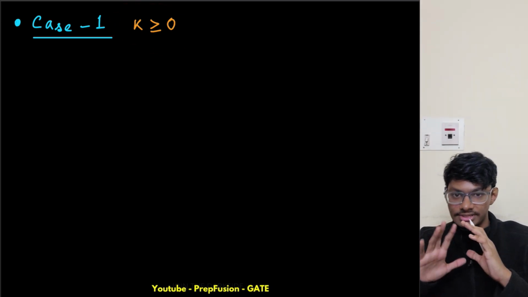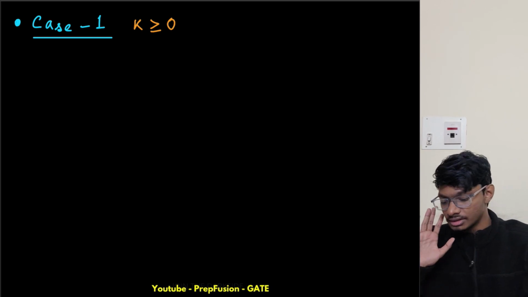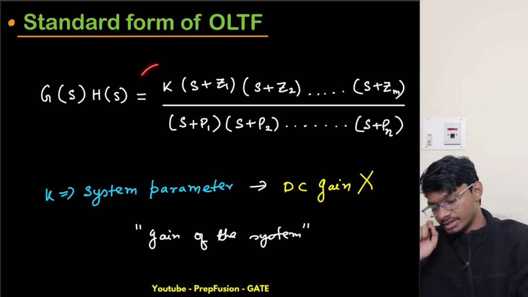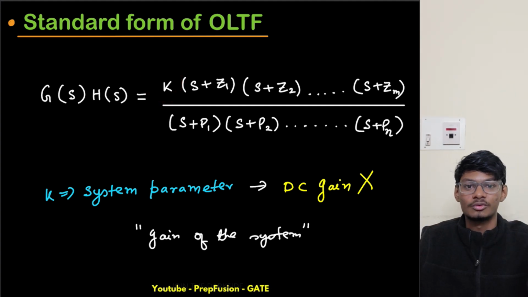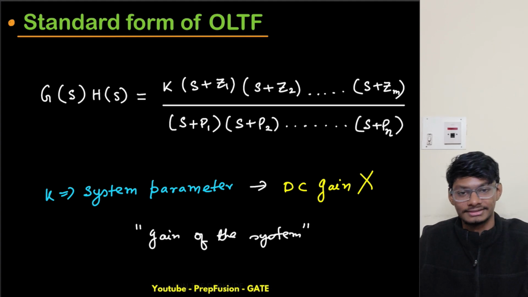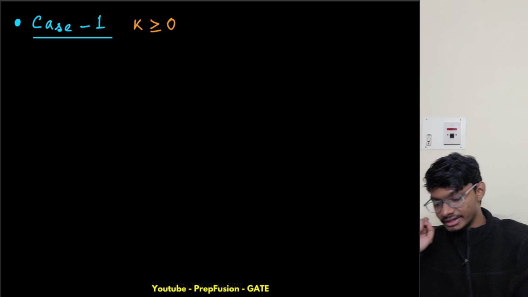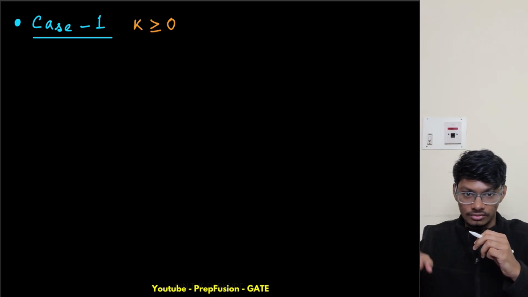Obviously, if the system parameter is equal to 0, there is no significance as such. Why? Because if my k is 0, my OLTF becomes 0, then there is no control system or there is no system itself. So we make it just tending to 0. There is some reason, we'll see now.